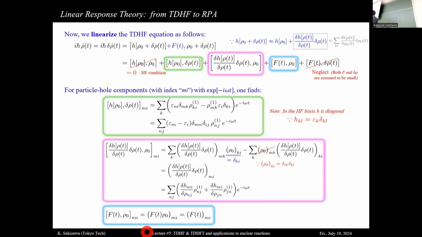And here you can put again f rho zero minus rho zero f, but for the same reason, the rho zero f term vanishes because of this particle side being zero. So you have only this equation here.